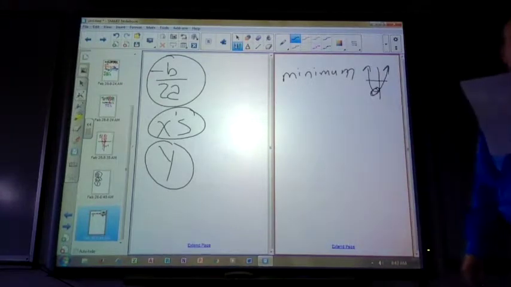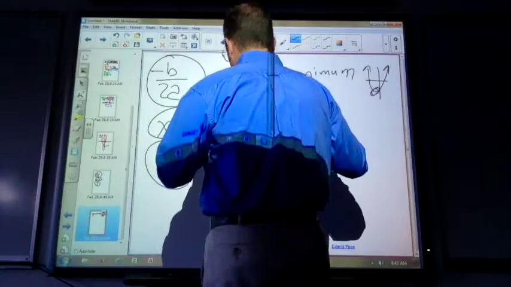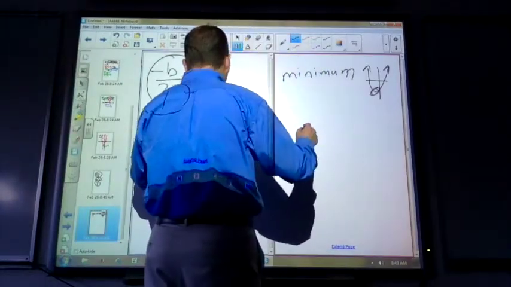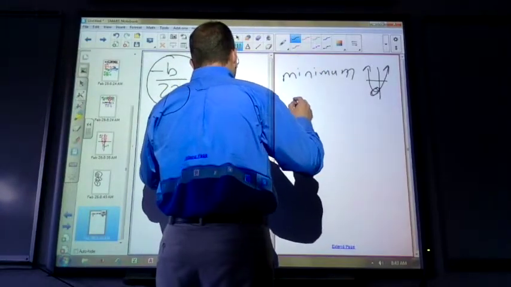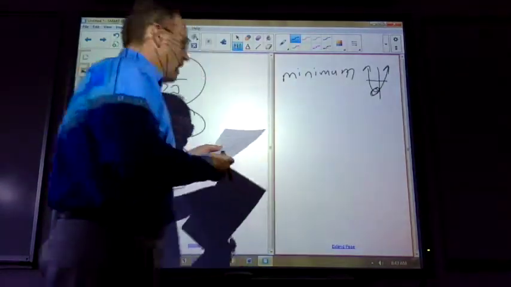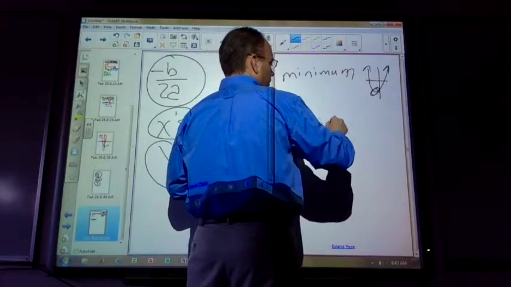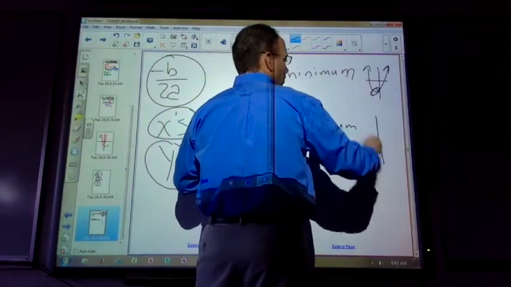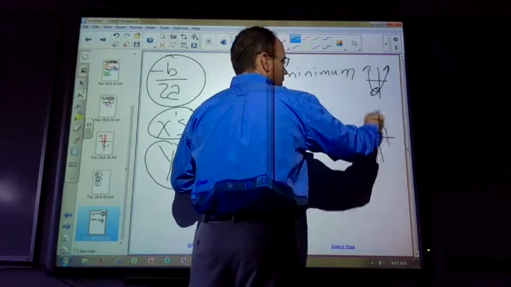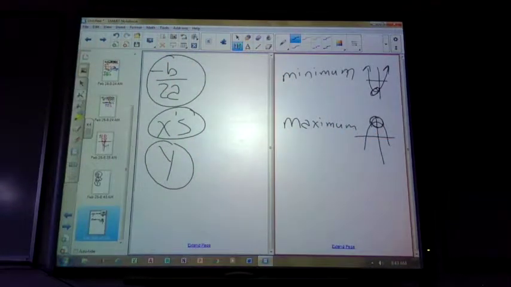It's the minimum value. And the maximum if the parabola opens down. Okay, the vertex is the minimum if the parabola opens up and the maximum if the parabola opens down.